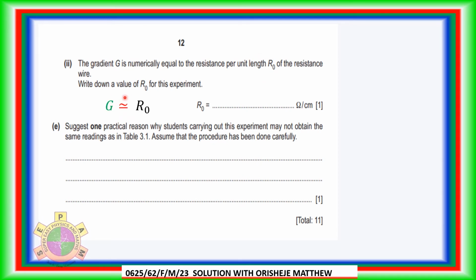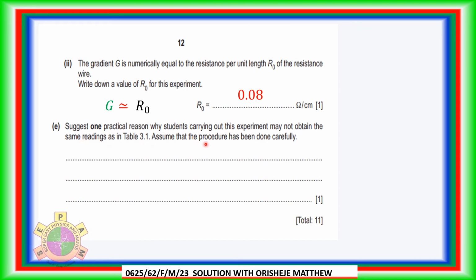So G is approximately this. So whatever we get as G, just write it here as a resistance per unit length, which is 0.08 ohm per cm.